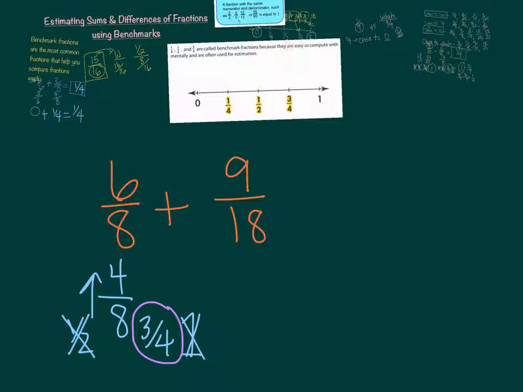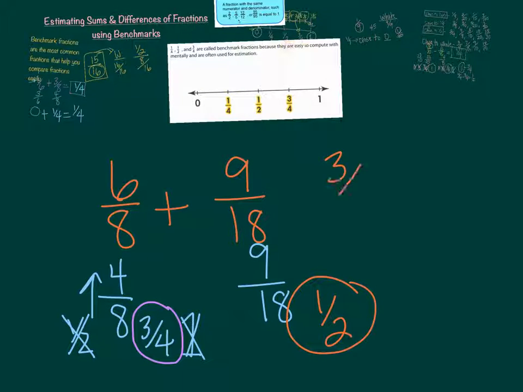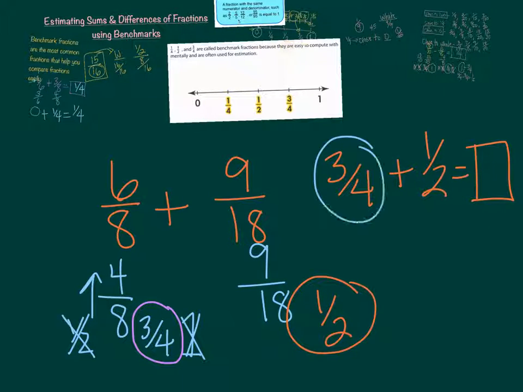3/4 for 6/8. Now let's go to 9/18. Well, what's half of 18? Oop, 9. Perfect. So this one works out easily as my half. So now I have 3/4 plus 1/2. Now, in order for me to solve it, I'm going to take what I know. Let's see. So 3/4 is really 1/4 plus 1/4 plus 1/4.